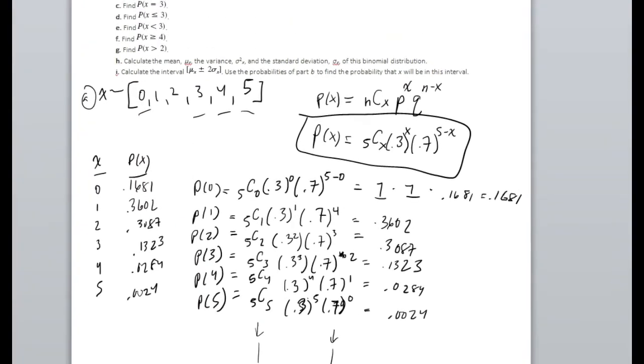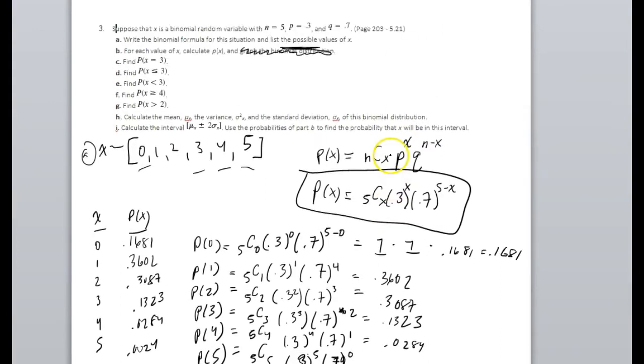All right, so now it's asking us to find some of these individual probabilities, or these cumulative probabilities. And we've done some of this already, but we're going to go ahead and walk through it anyways. So C says find the probability of x equal to 3.